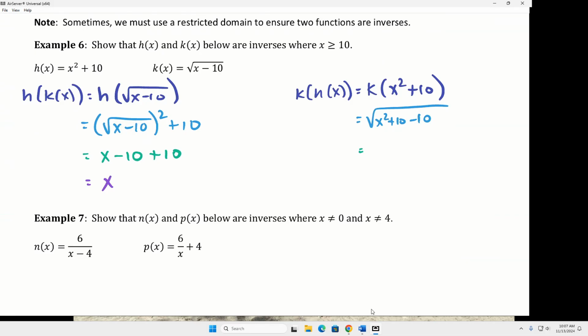Would you do the square root, or would you subtract the 10s? You would actually subtract the 10s first. So we take care of what's under the square root first, combine like terms, and then the square root of x squared is just x.